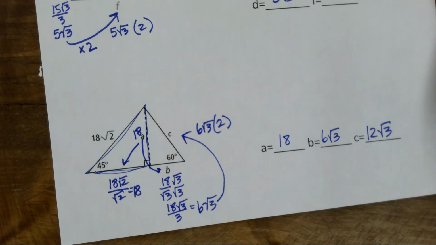I got 2 times the square root of 6 over 3. You multiply by the square root. So if I multiply this by 2, it'd be just like multiplying 4 by it, it would be 8.